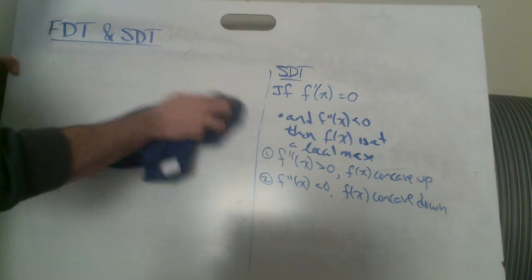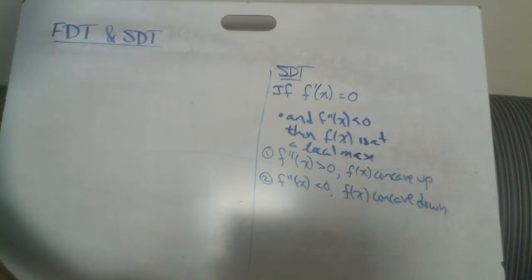One last thing before I fully erase the second derivative test. Sorry about this. Just like we saw that the first derivative being 0 doesn't really guarantee us anything, but when it changes signs, it does guarantee we're at a local extrema.